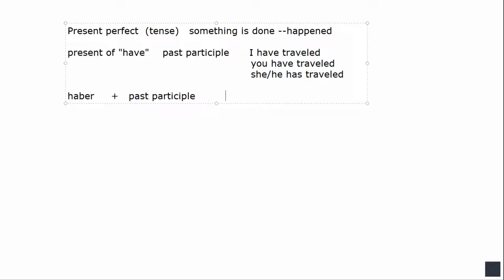The past participle is going to be formed by an ado for AR verbs or an ido for ER and IR verbs. And haber will take these forms. Nosotros hemos. Tú, perdón, I got to get my Spanish keyboard back. Tú has.